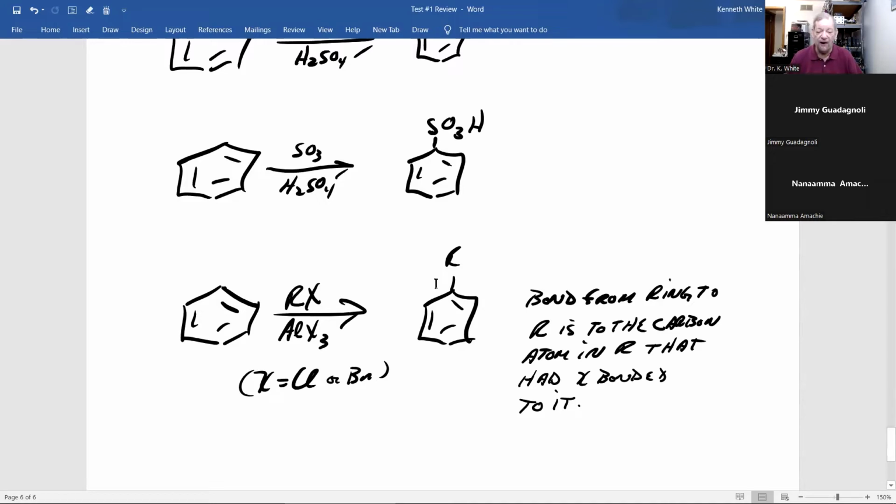You make a carbon-carbon single bond from the R group to the benzene ring. And the bond from the ring to the R group is to the carbon atom in R that had the halogen in RX. So this carbon that this benzene ring is attached to is the carbon that had the halogen in this.